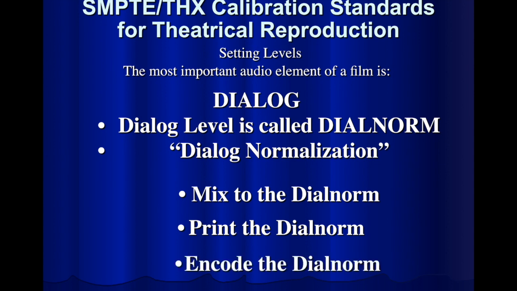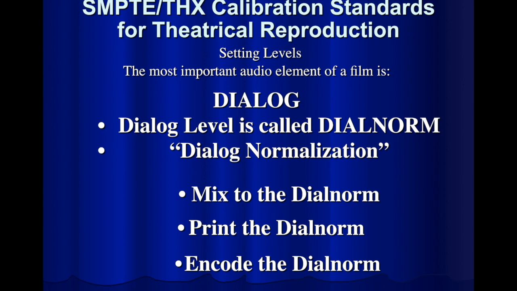And finally, we have encoding the dial norm. And encoding the dial norm has to do with when you're creating a codec, such as DTS or AC3, and you're taking a file, and when you create an AC3 file, there's going to be metadata inside that codec that's going to allow you to adjust many different things.